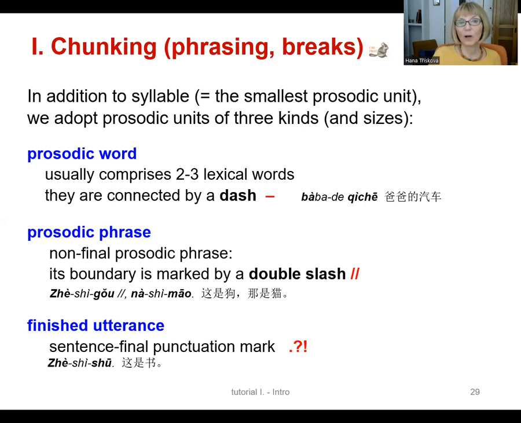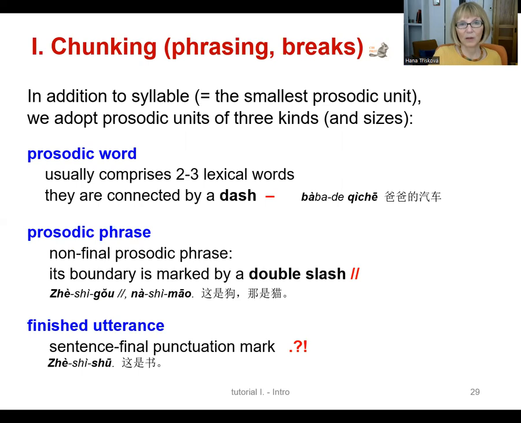Lexical words within 1 prosodic word are connected by a dash. For instance, 爸爸的汽车. So 爸爸的 is 1 prosodic word. It is connected by a dash. And all syllables are pronounced in one go as 1 word. Then the largest prosodic unit is a prosodic phrase.